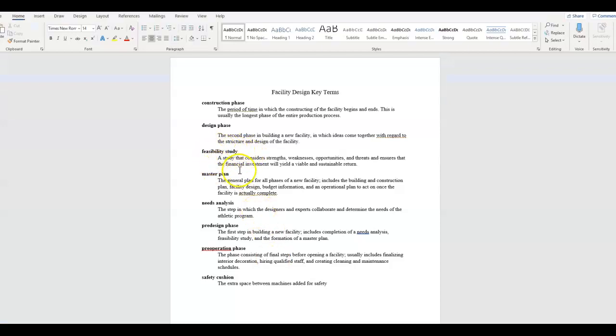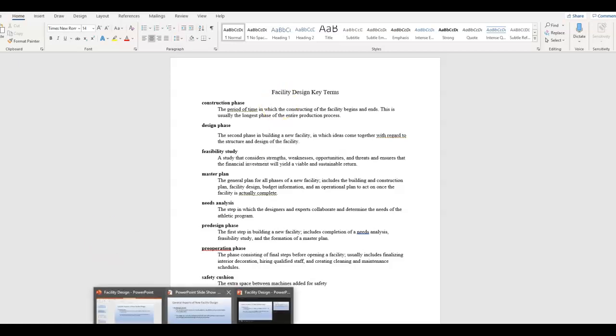A feasibility study considers the strengths and weaknesses, the opportunities and threats, and ensures the financial investment will yield a viable and sustainable return, right? So consider the different threats in the area. Are there other big strength and conditioning facilities in the area that would be your competition? Are you in the right location? Things like that.